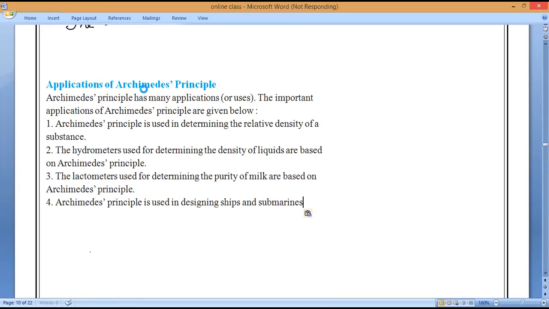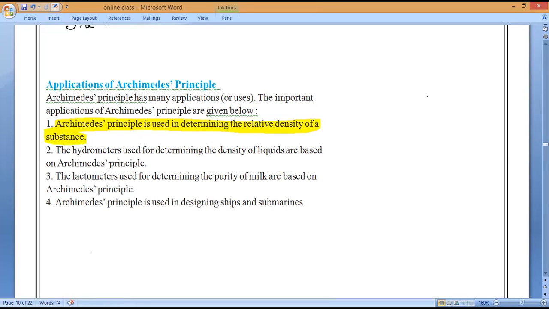The first application is determining the relative density of a substance, which we studied already. What do you mean by relative density?